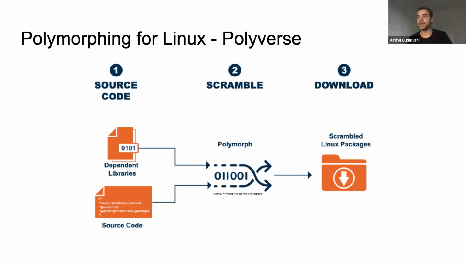So Polyverse provides a kind of groundbreaking technology by polymorphing the packages on the operating system level. Mainly it works in other systems too where the code is open, where you have the source and you can recompile that source, create a different version of that code in machine code, and then run it, which is the scramble process, and then you can install and go on.